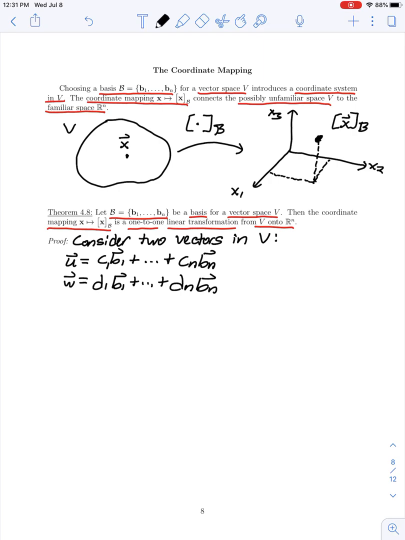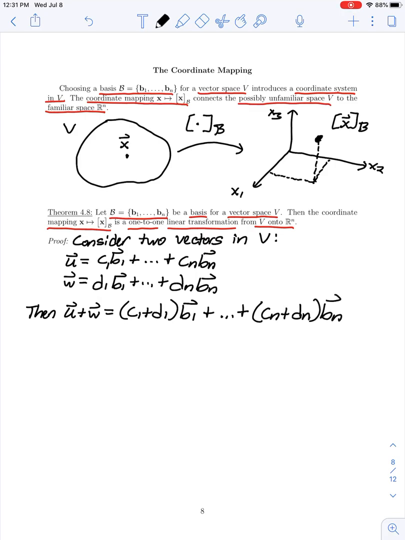Now, if we want to show that this transformation preserves vector addition, let's consider the sum of these two vectors, u and w. Here we would have the vector (c1 plus d1) times b1 plus (c2 plus d2) times b2 up through (cn plus dn) times bn.